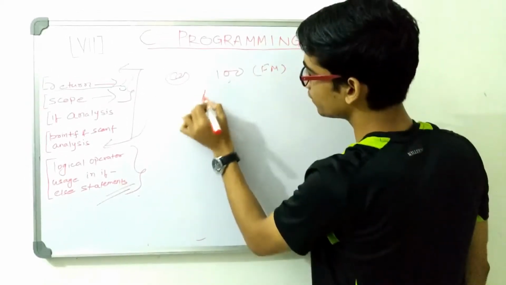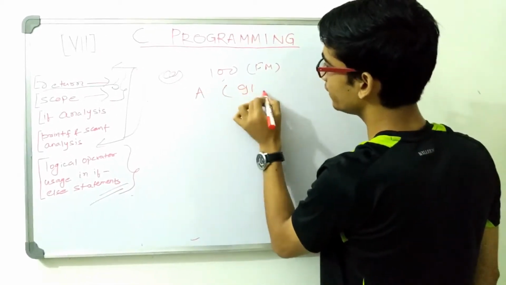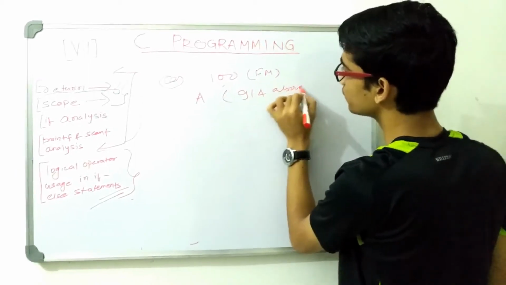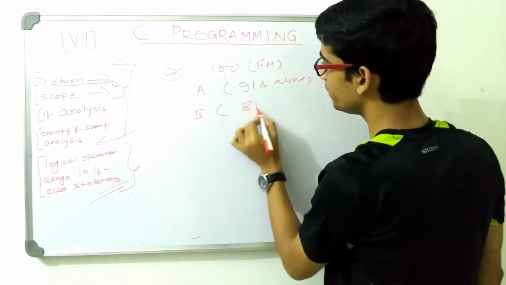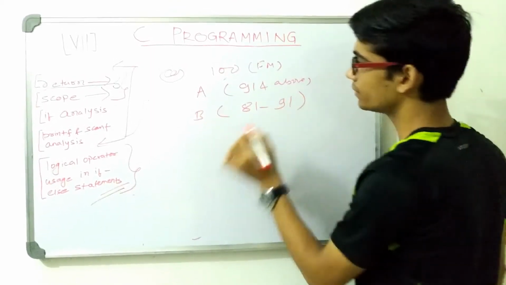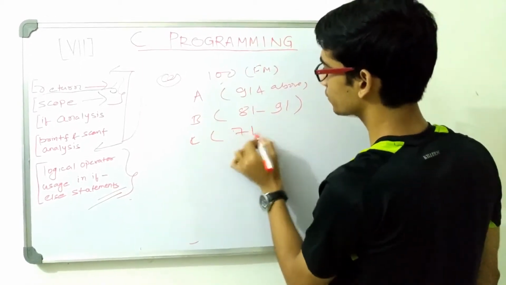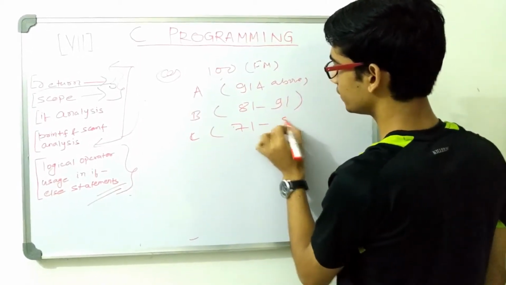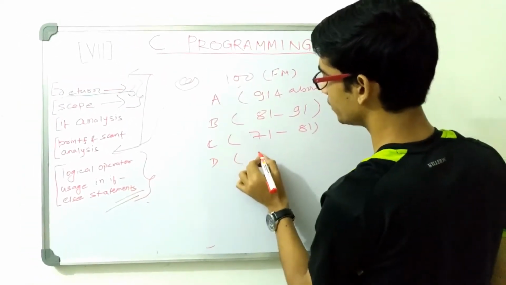There is grade A, if a student scores 91 and above, grade B, if the student's score is between 81 and 91, grade C, if the student score is between 71 and 81, and grade D, if below 71.